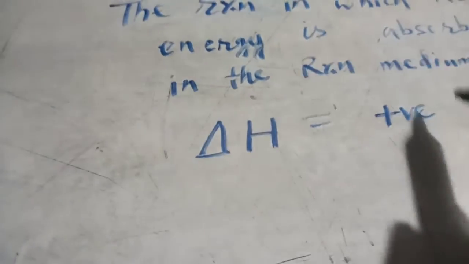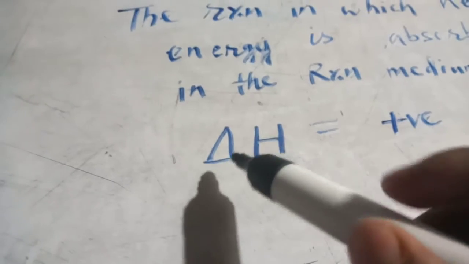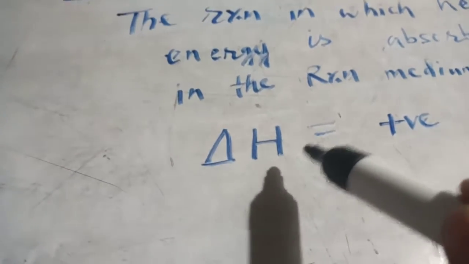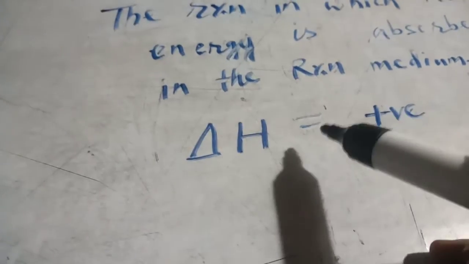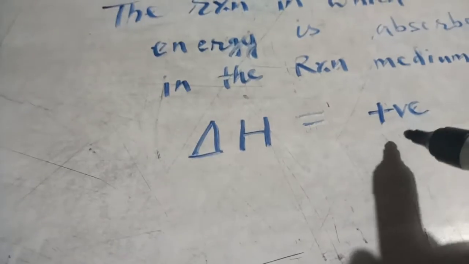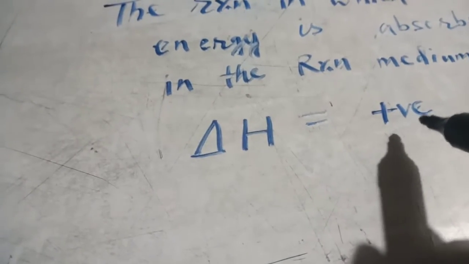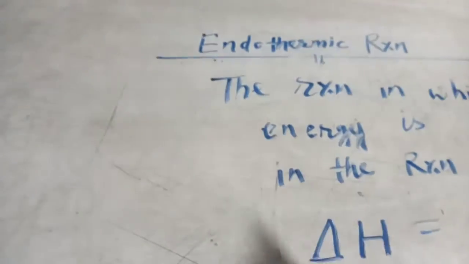So by this conclusion, if the delta H of a reaction is positive, you can say the reaction is endothermic.